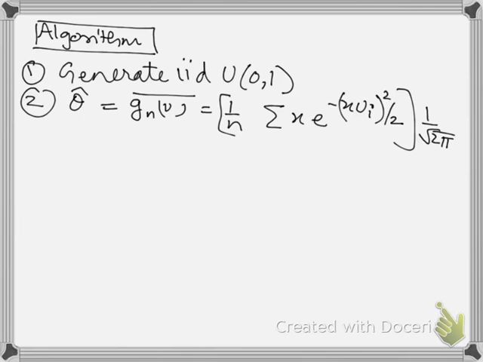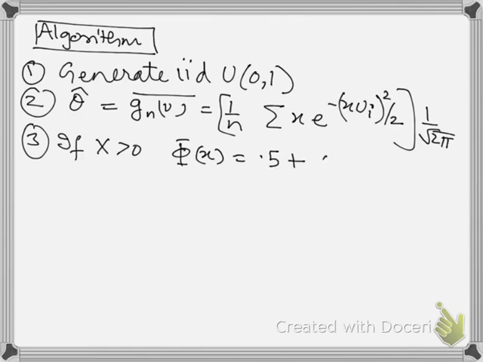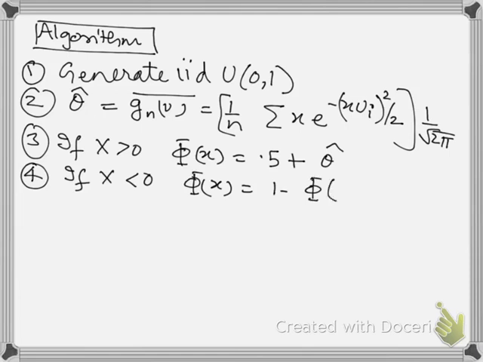And then if x is greater than 0, phi x would be the 0.5 area plus theta hat. If x is less than 0, phi x is 1 minus phi of minus x. How do we get that? That's by symmetry, right?